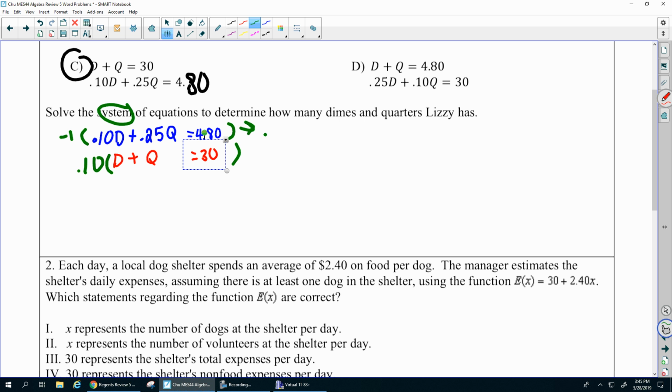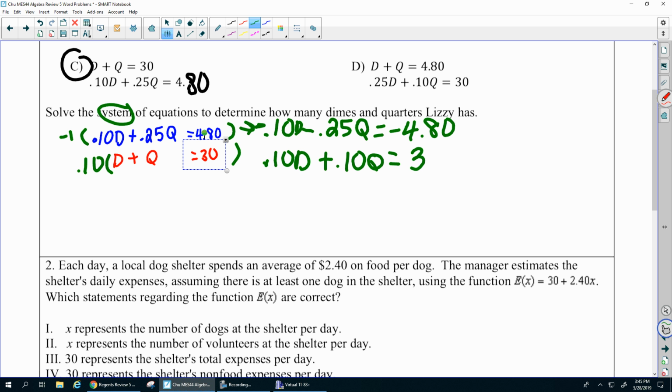So I get -0.10D minus 0.25Q equals to -$4.80. And then on the bottom, 0.10D plus 0.10Q equals to 3 times 0.10, which is just 3.